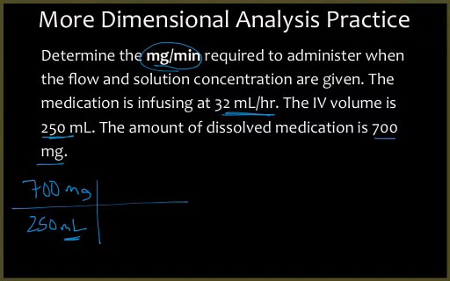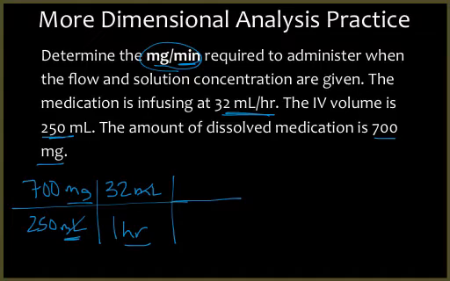So my next bracket here, I can do 32 milliliters per 1 hour. So that takes care of my milliliters. So now I'm in milligrams per hour. I need to be in milligrams per minute. So that just means I have one more calculation to do here. To change hours to minutes, I know 1 hour is 60 minutes. So that takes care of that.